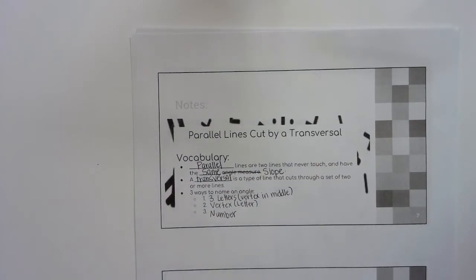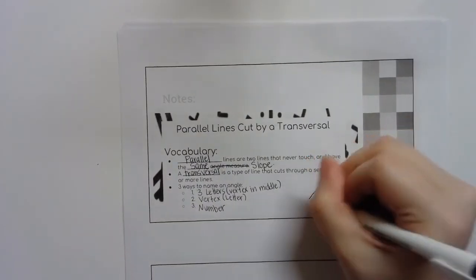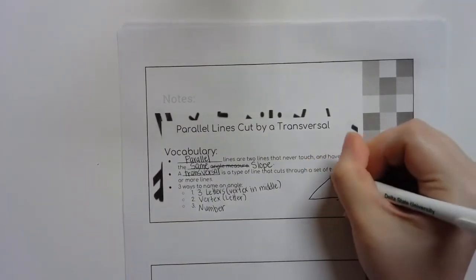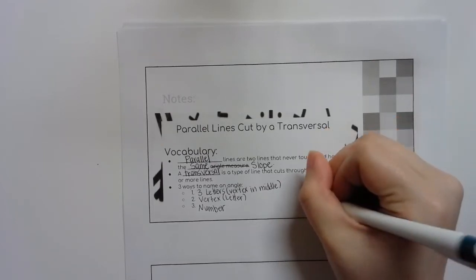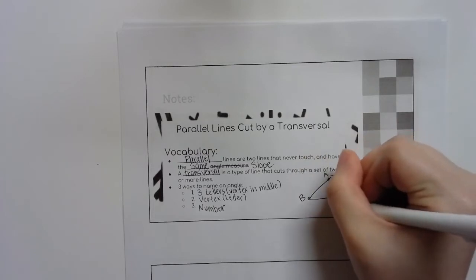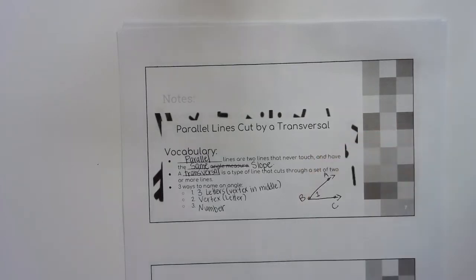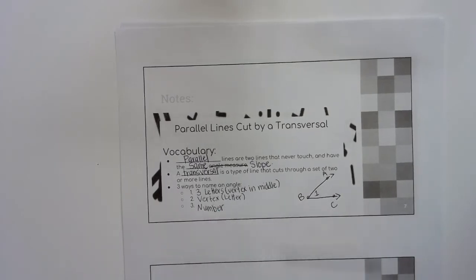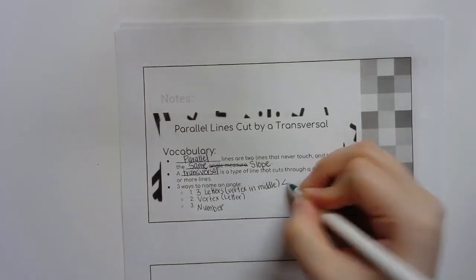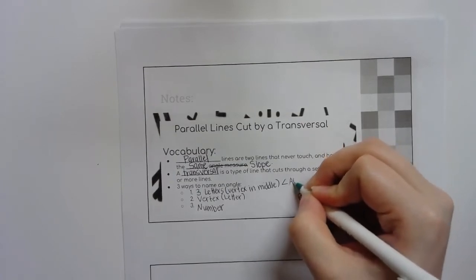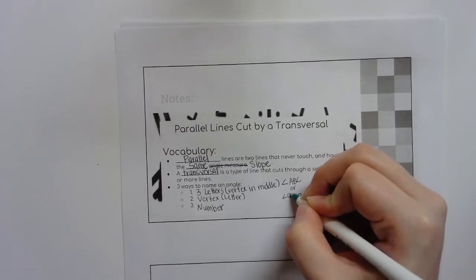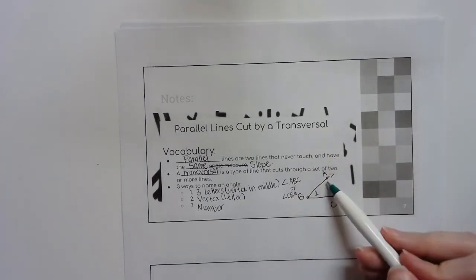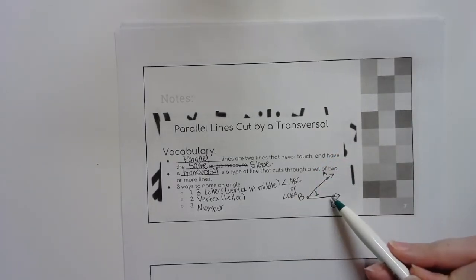So let's look at an example of that real quick. So if I had this angle right here, and there was an A, a B, and a C right here, and I'm just going to put a 1 right here. So given this angle, with 3 letters, I could call it 2 things. I could either call it angle ABC, or I could call it angle CBA, because I could either say ABC or CBA.